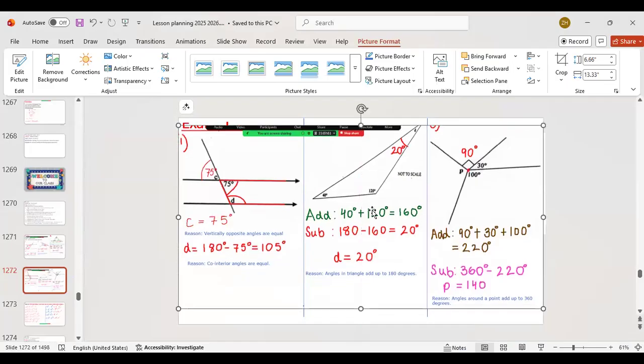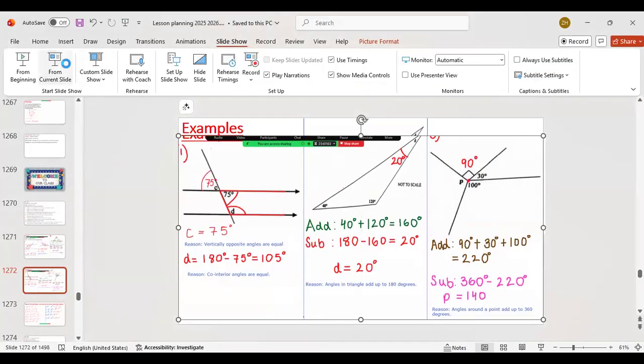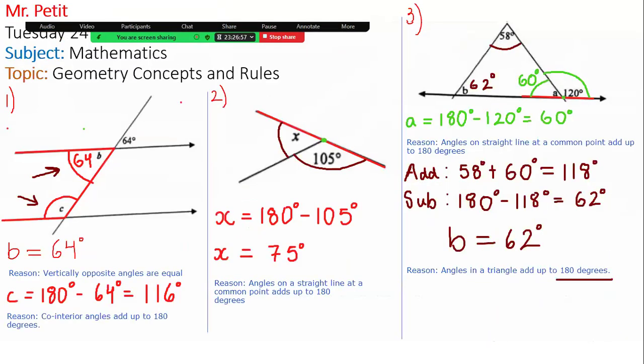Mr. Petty, can you go back to the first slide again, please? Okay, so the first slide was this one. We went over these 3 questions.